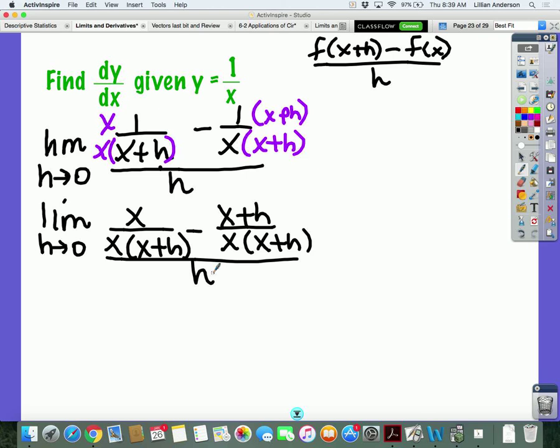Now that we have the same denominator, we can actually subtract the numerators. Now this negative applies to this whole second fraction, which means that this is actually going to be x minus x and then a what? A minus h, because that negative applies to both parts in that second fraction.